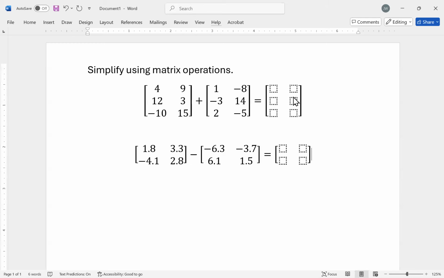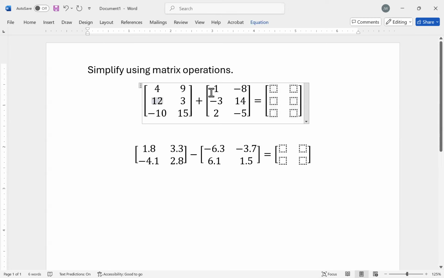All right, in both of these problems, we have the same dimensions on the matrices. So in this first problem, both matrices have 3 rows and 2 columns. So I can add them, and I just simply add them entry-wise.